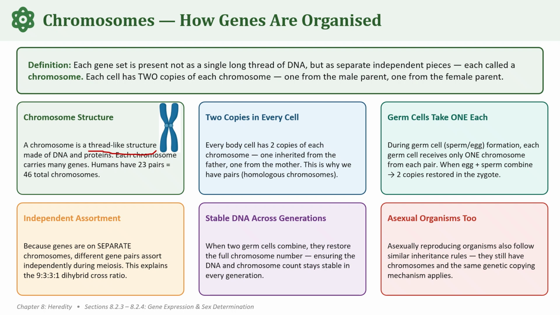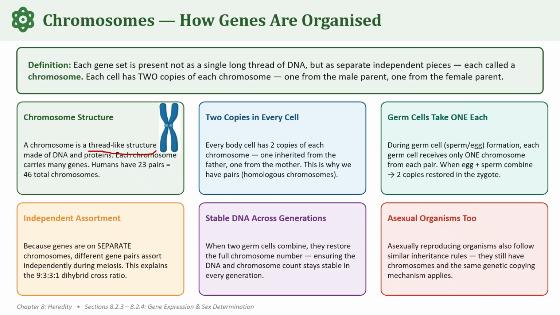Out of these, 22 pairs are autosomes, that is, our body chromosomes, and one pair consists of the sex chromosomes. During meiosis, one chromosome from each pair enters a gamete. This ensures that the chromosome number always remains constant after fertilization.